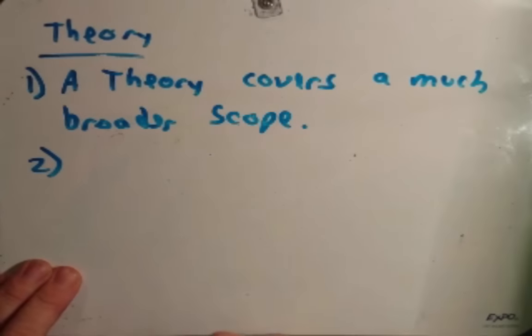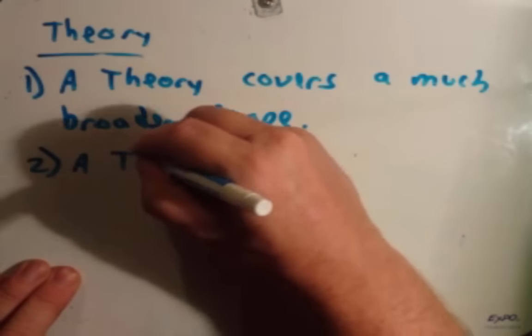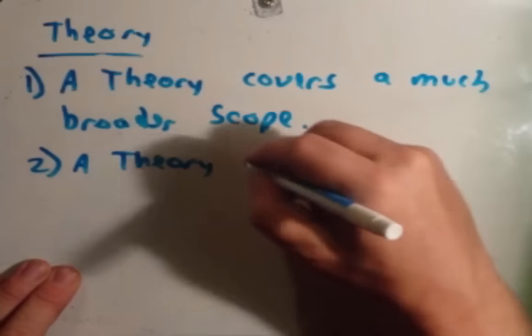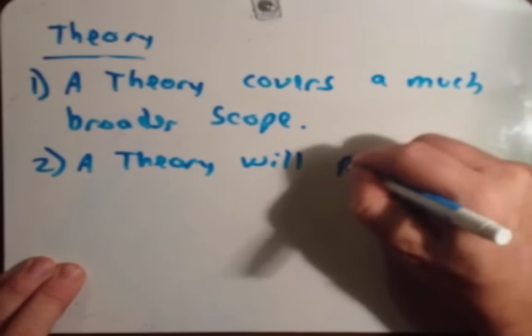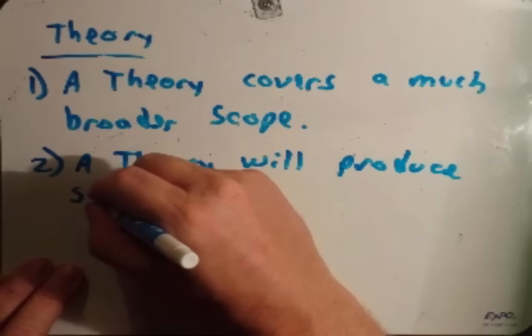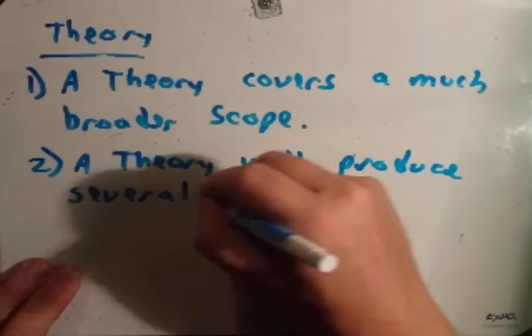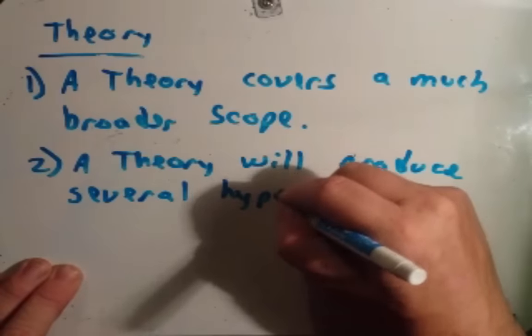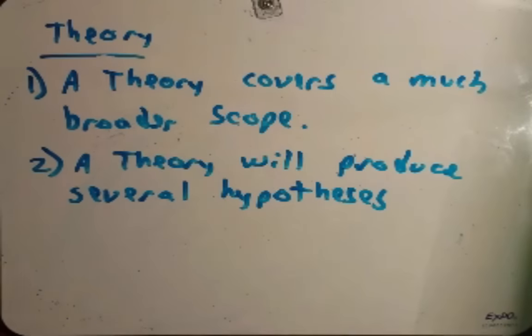Second, a single theory will produce several new hypotheses. Because this theory covers a really broad scope, it's going to create new questions that need to be addressed by these new hypotheses. And this third point is probably one of the more important differences.